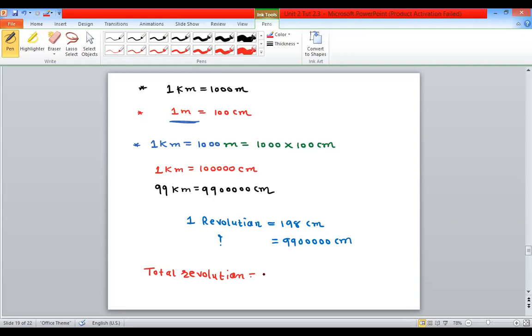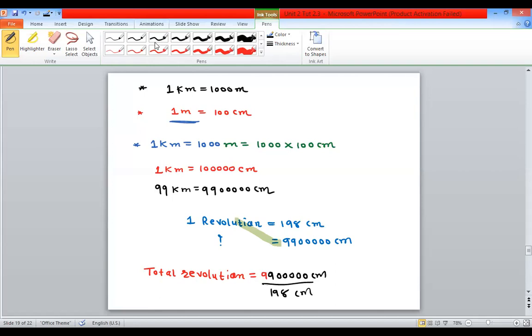Just convert, multiply this thing and divide by the 198 centimeter. This is 99, 5 zeros centimeter divided by 198 centimeter.